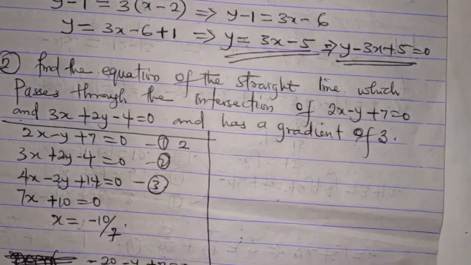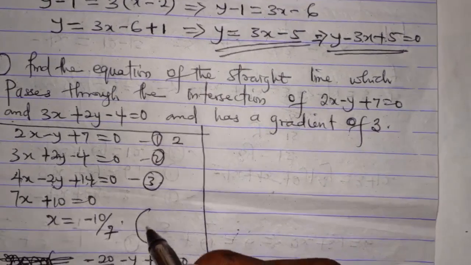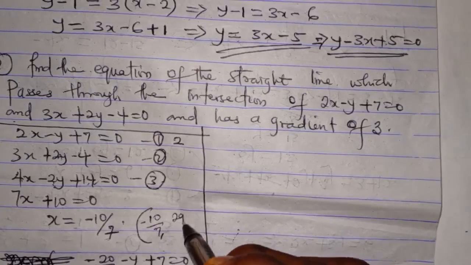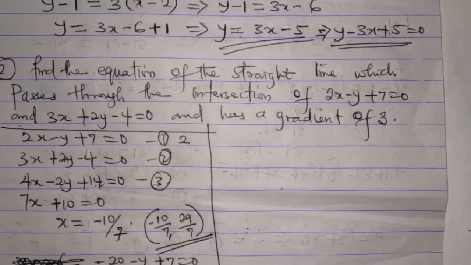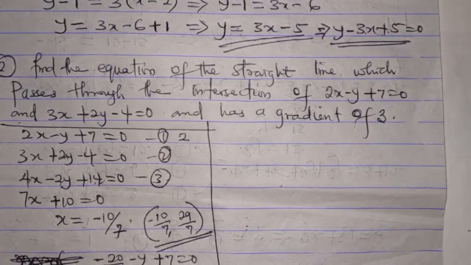So the point of intersection of the two lines is this. X is minus 10 over 7. Y is 29 all over 7. So this point actually lies on the line whose equation we are looking for, and the line has a gradient of 3.